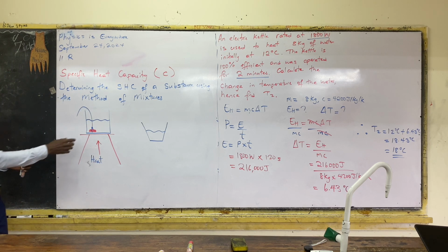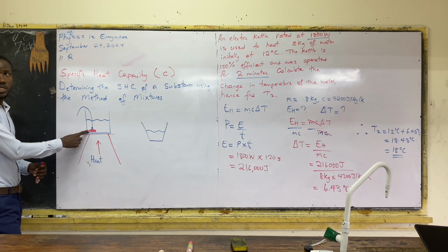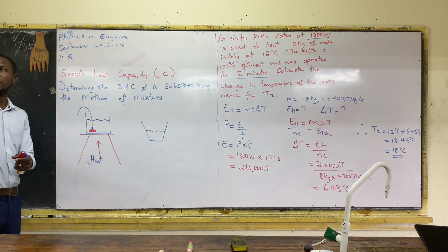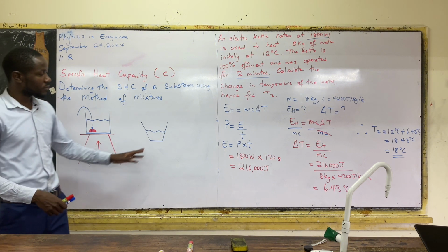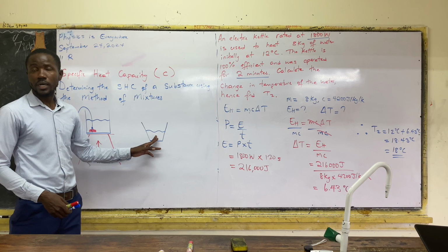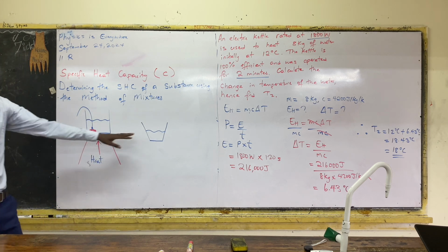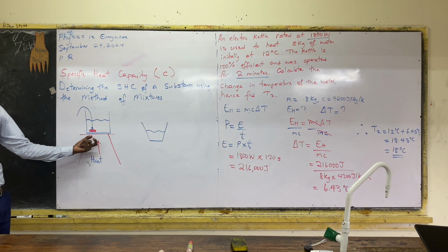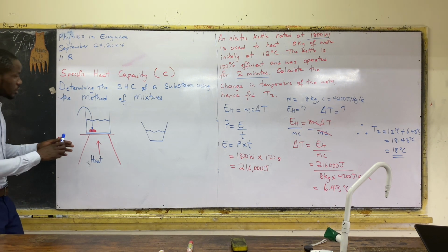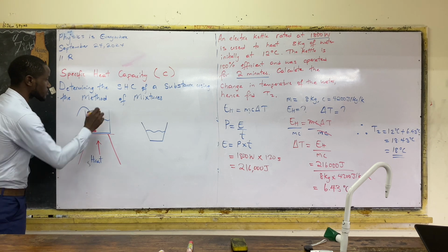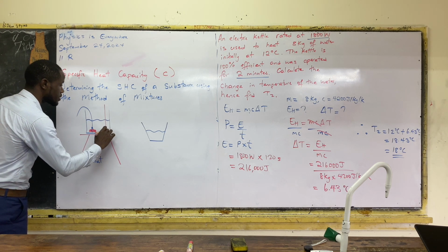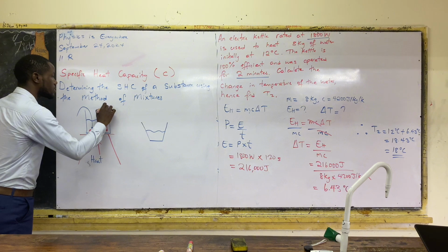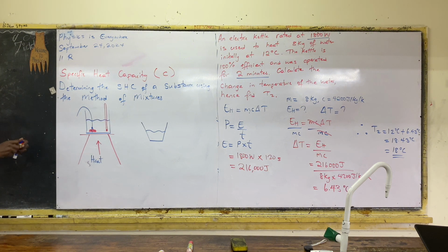In this case, we're working with the brass, which is a metal that we want to find the specific heat capacity of. And we have some water inside this container right here. Now, after heating this for some time, up to a certain temperature, I may also draw a thermometer here. So we have a thermometer right here.